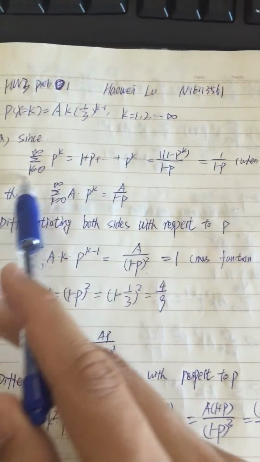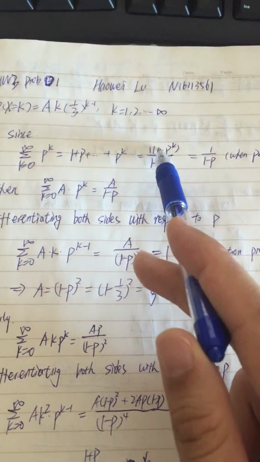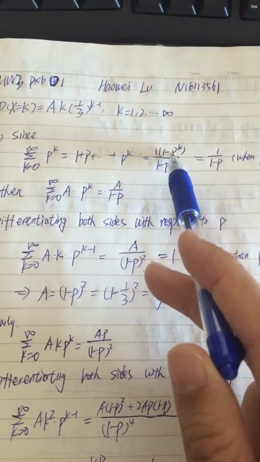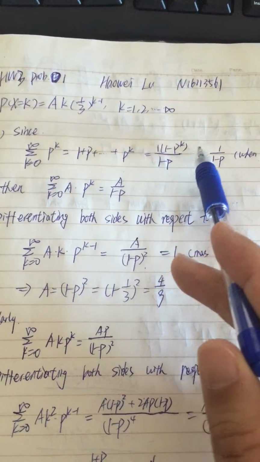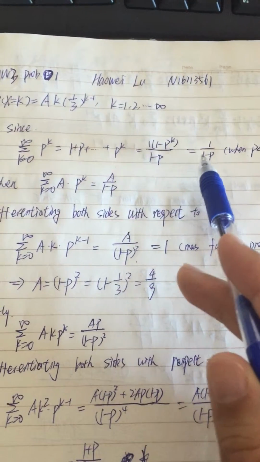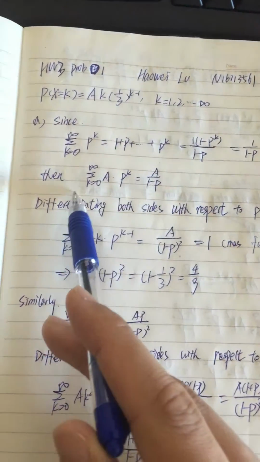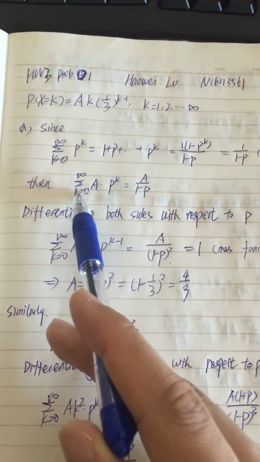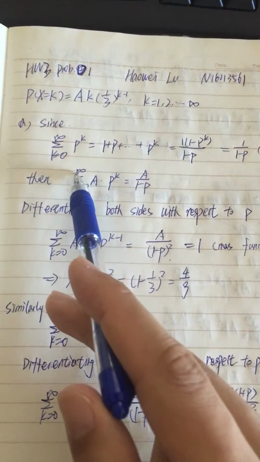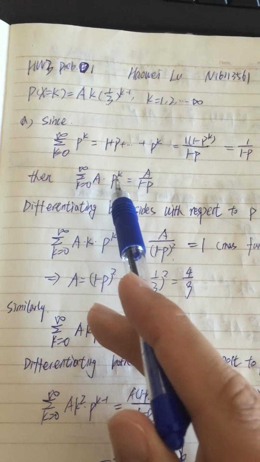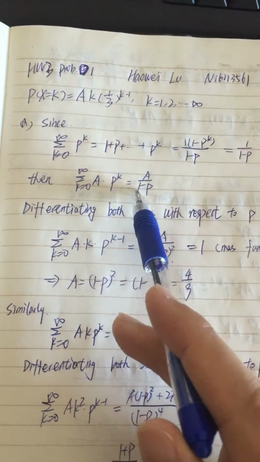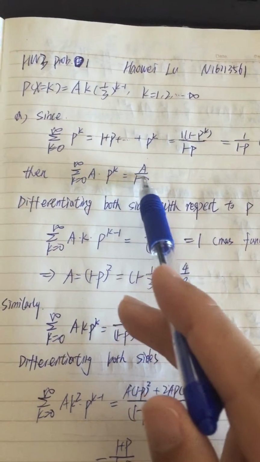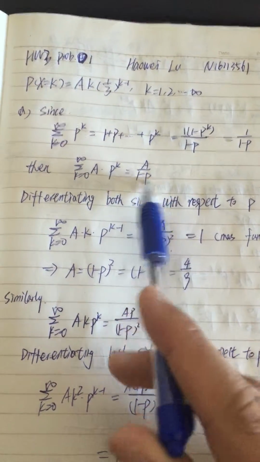When k goes to infinity, p to the k is equal to 0, so the sum of a multiplied by p to the k is equal to a over 1 minus p.